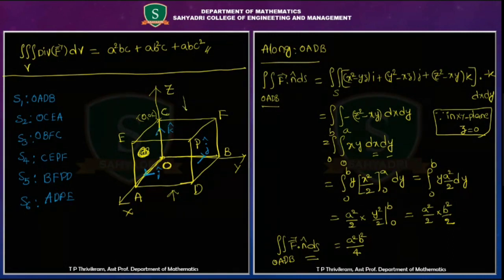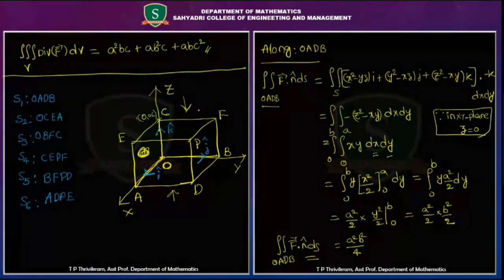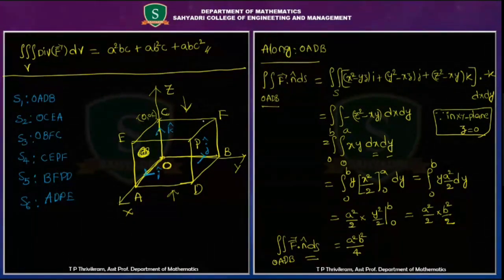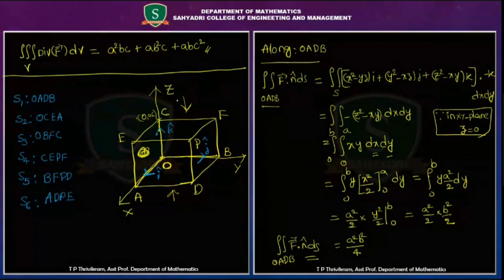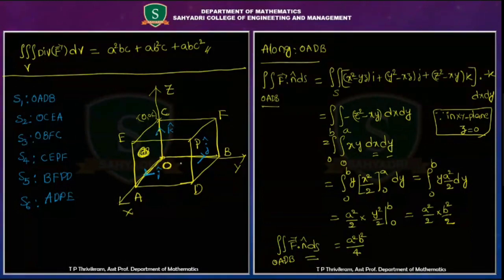This surface is top of the box. When bottom of the box is XY plane, top of the box is also XY plane only. Correct? But only the space has been between these two. So how much space is happened means Z is equal to C. That much height we have mentioned here.